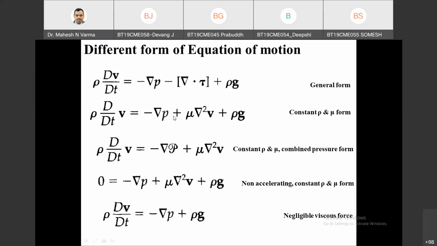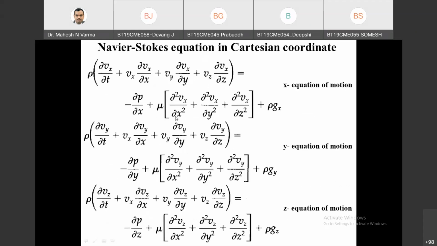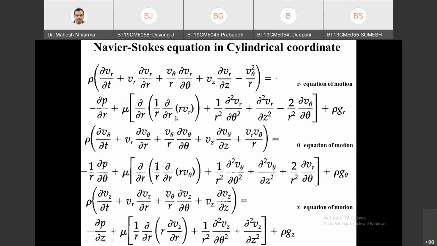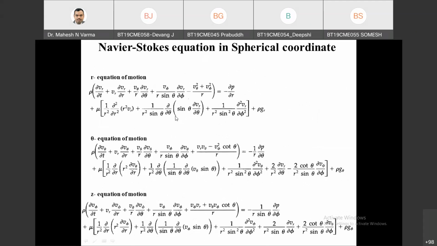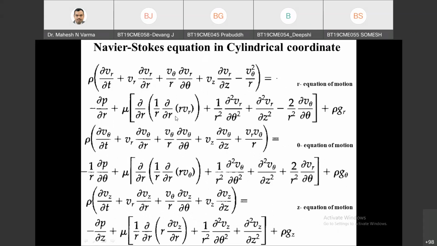Out of these 3 equations, the theta equation of change for cylindrical coordinates will give me the velocity profile. The 3 equations of change for Cartesian will not be useful, and the spherical ones will not be useful. This will give me some other information.